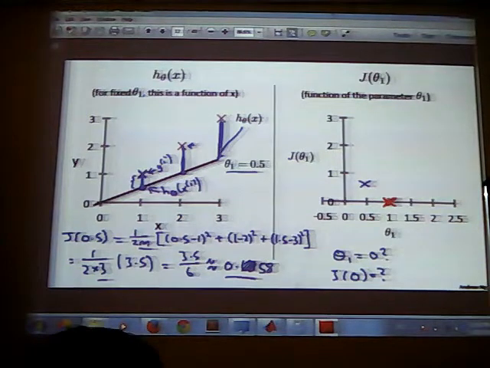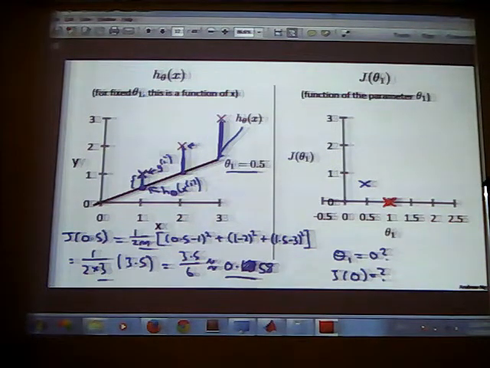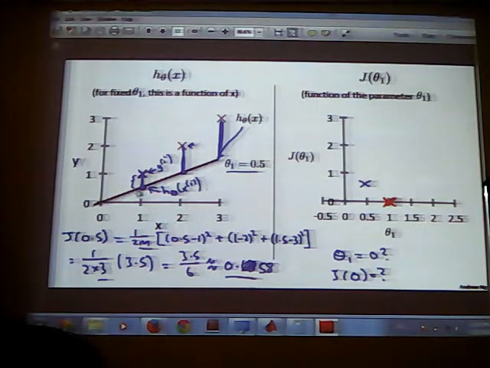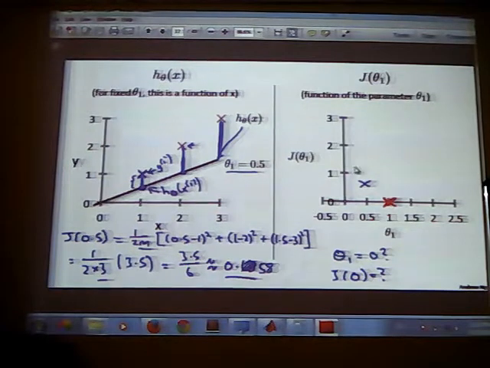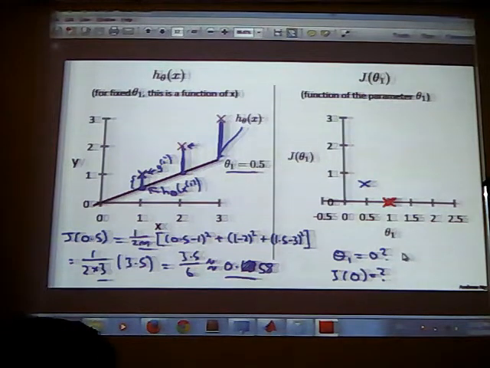So for different values of theta 1, we are going to calculate the cost function, that is j of theta. So for theta 1 equals 1, what was our j of theta?